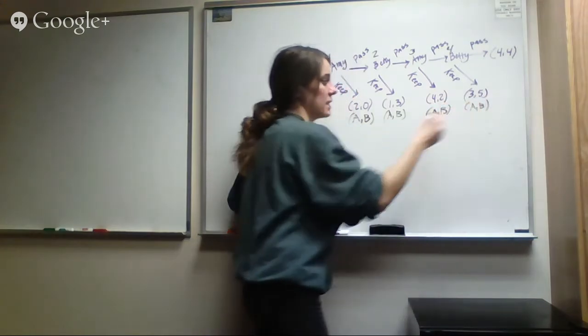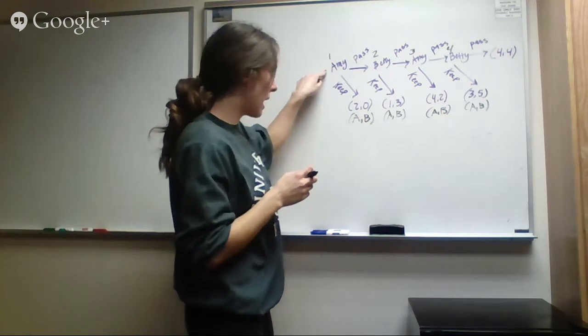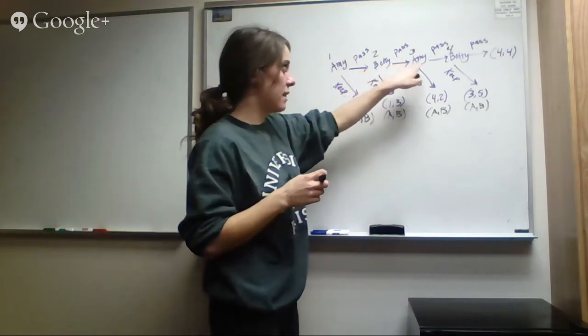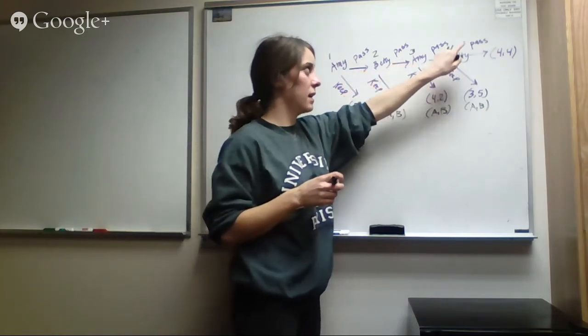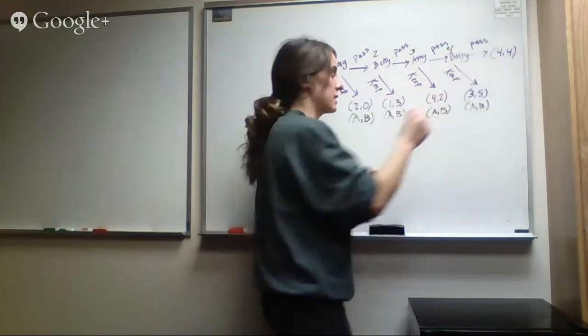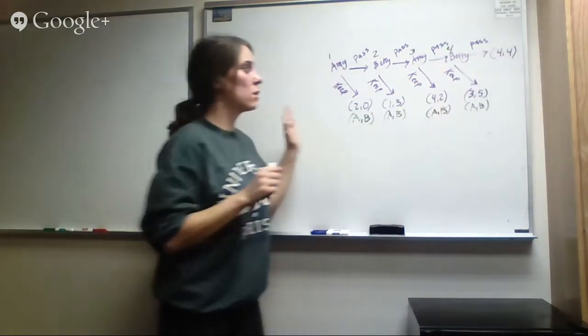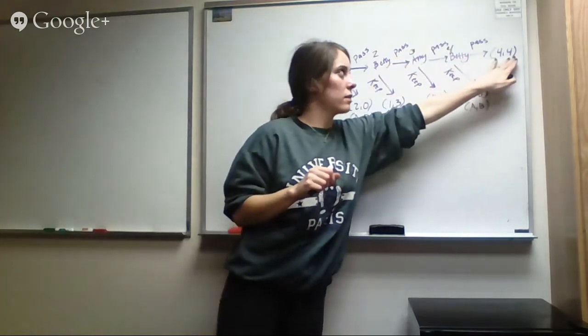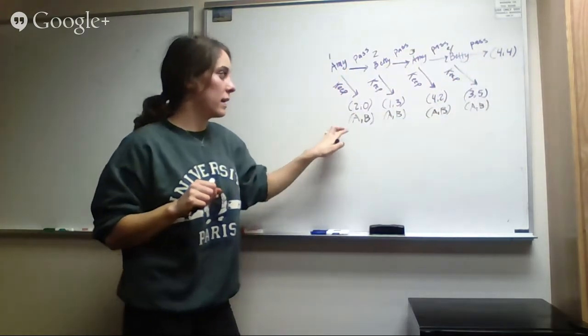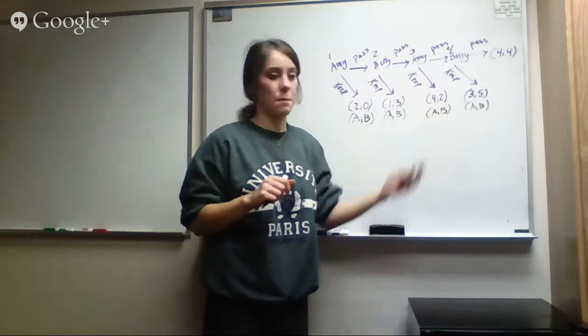And if no one decides to keep ever, if Amy passes it, and then Betty passes it, and then Amy passes it, and then Betty passes it, then they get to this end over here. If they get all the way over here, the game ends. Or if anyone picks keep in any of their turns, the game also ends.